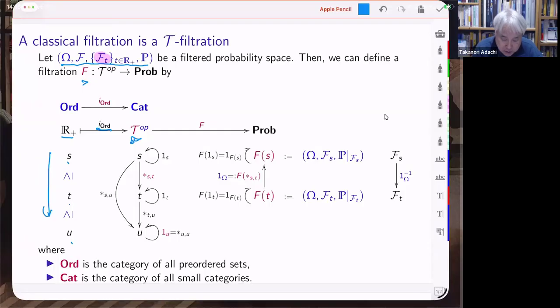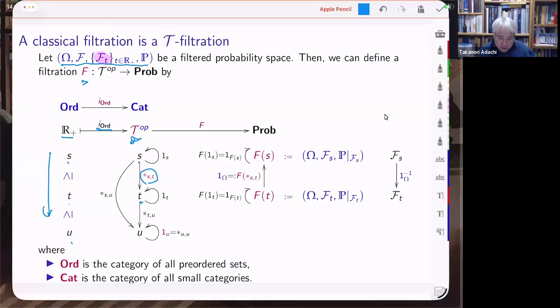T is a category, so they have their objects S, T, U. They are the same as the original R's members. Okay, but the arrows are here. There's a unique arrow from S to T, which is star ST, if and only if S is less than or equal to T.